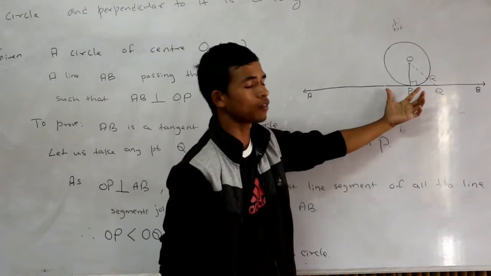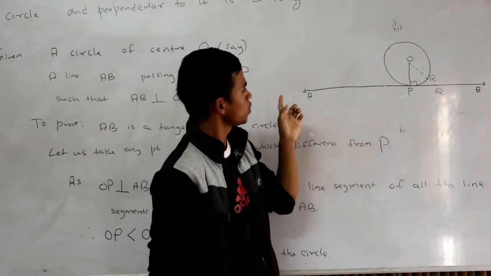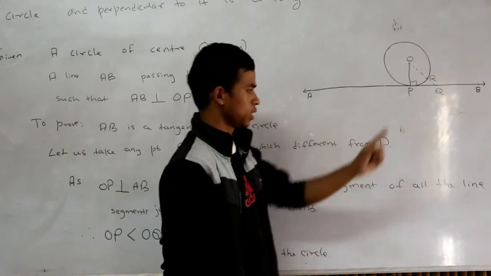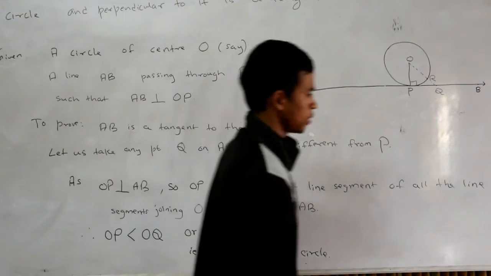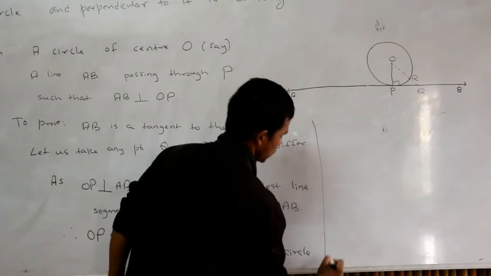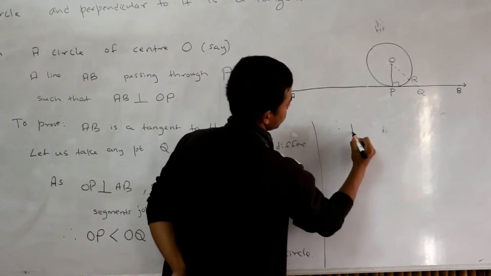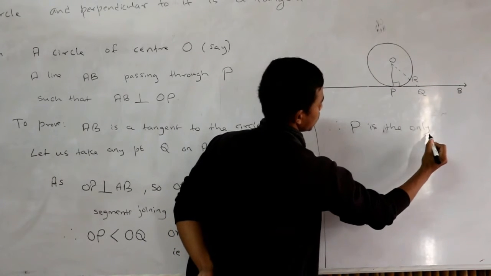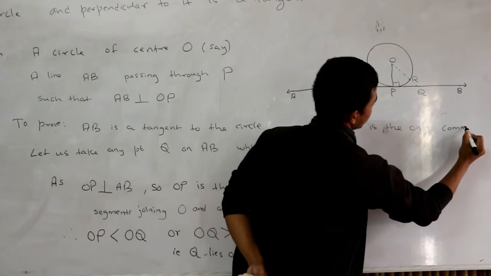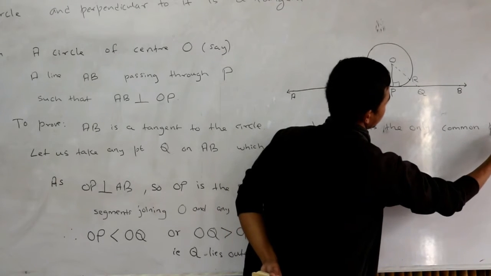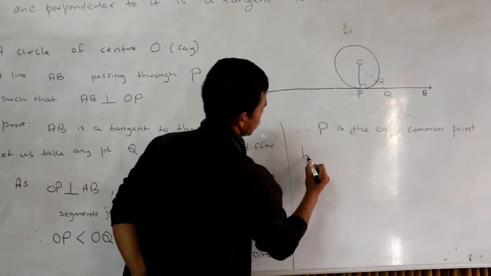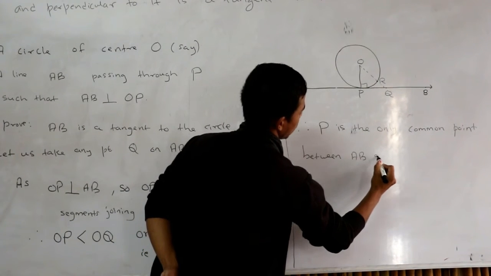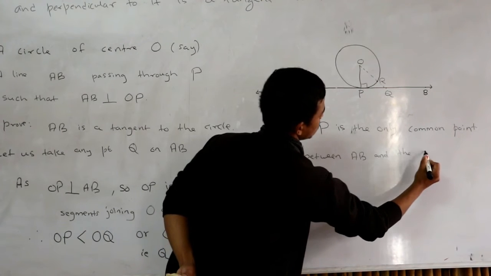So by definition of a tangent, we can conclude that AB is a tangent to this circle. So let us write that down. Therefore P is the only common point between AB and the circle.